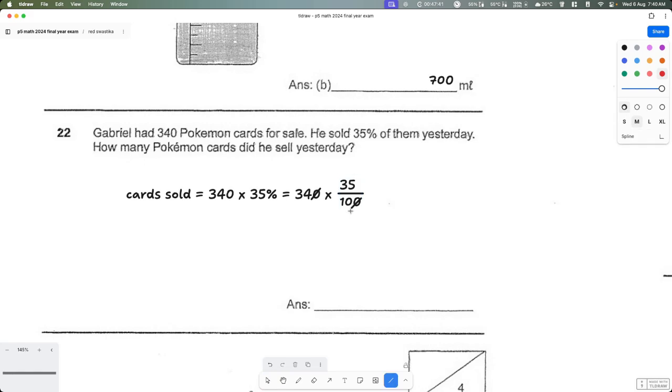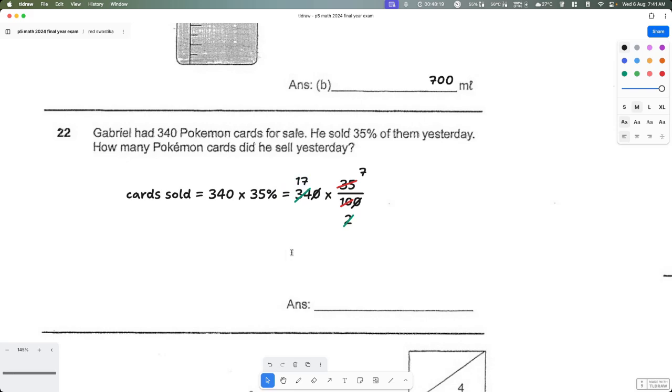The 10 divided by 5 will become 2, and 35 divided by 5 will become 7. So 7 out of 2. Then we can also cancel the 2, and we can cancel 34 to become 17.